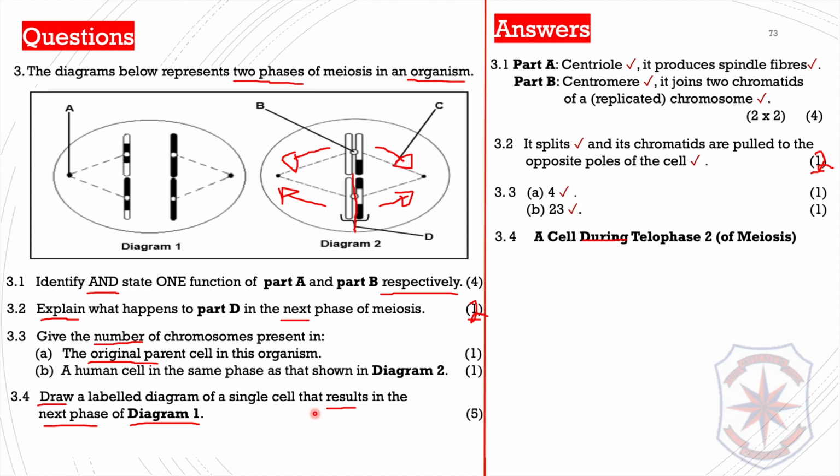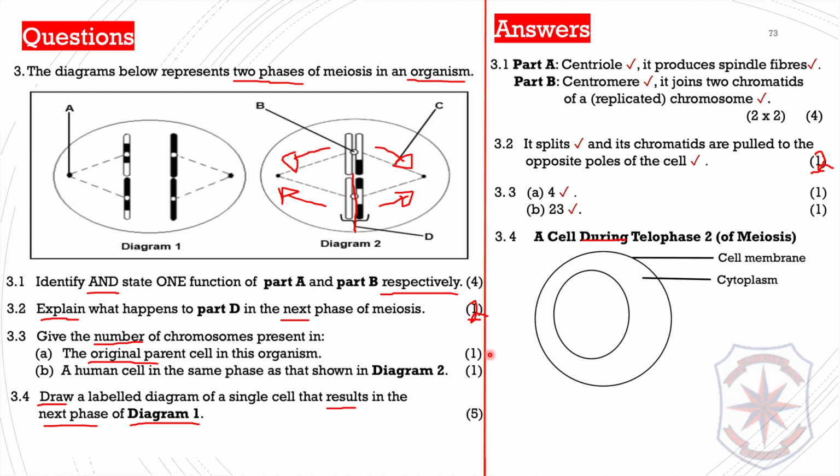Okay. Now, you can't draw a cell without including a cell membrane. So you may draw a circle that represents a cell membrane, and then we have a void in that cell membrane, and we know that void or that cavity would be filled by the cytoplasm. And then you draw an additional circle that represents the nuclear membrane.